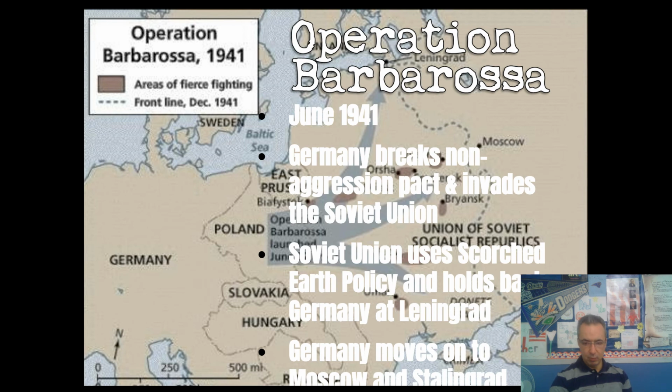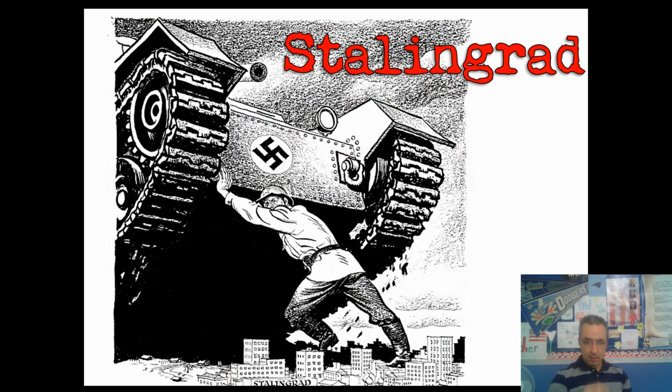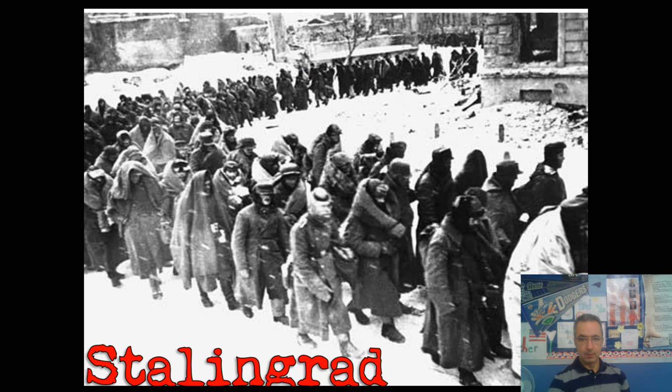Eventually, Germany moves on to Moscow and to Stalingrad. If you look at Stalingrad here, basically the Russians are trying to hold back the onslaught of the Germans. You see here a lot of movement of people out of harm's way there.